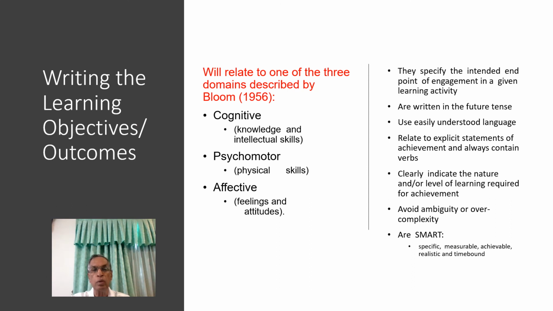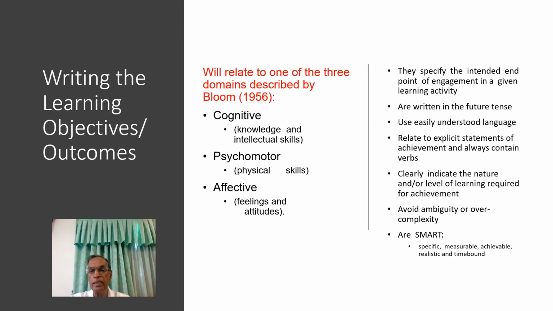Writing the learning outcomes will relate to one of the three domains described by Bloom in 1956, whether it's cognitive, psychomotor, or affective. They specify the intended end point of engagement in a given learning activity. They are written in future tense, use easily understood language, relate explicit statements of achievements, and always contain verbs, they are action words.